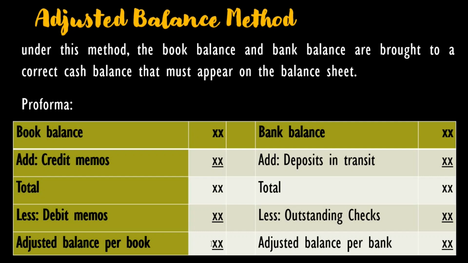Okay, so again, take note lang na yung adjusted balance per book should be equal to your adjusted balance per bank. So, dapat equal itong dalawa kasi this is your correct cash balance. No? So, of course, dapat pareha sila kasi you're trying to reconcile, no, the balance per book and the balance per bank. So that's your adjusted balance method.